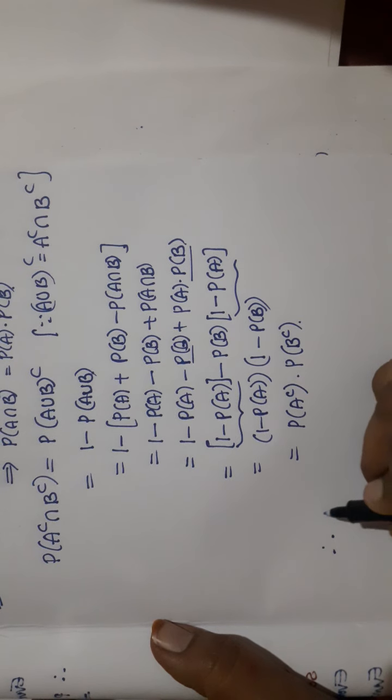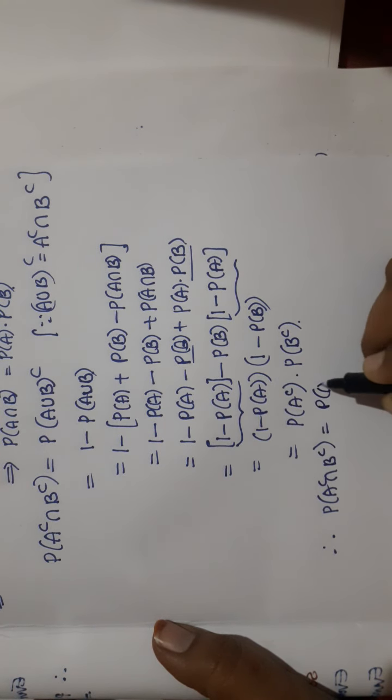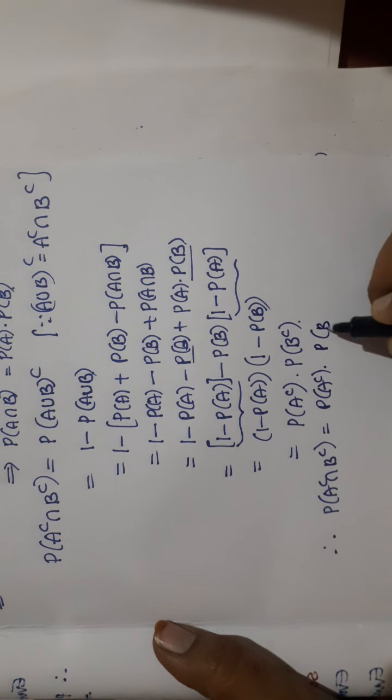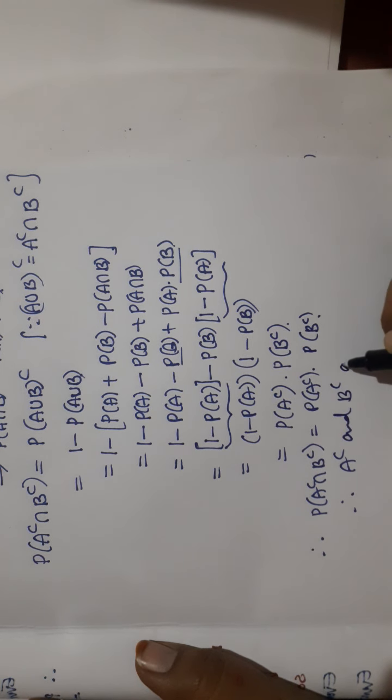Therefore we proved P of A complement intersection B complement is equal to P of A complement into P of B complement. Therefore A complement and B complement are independent events.